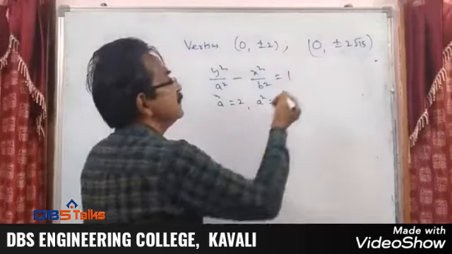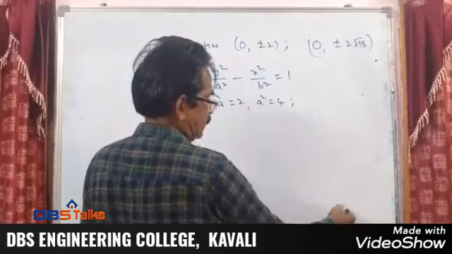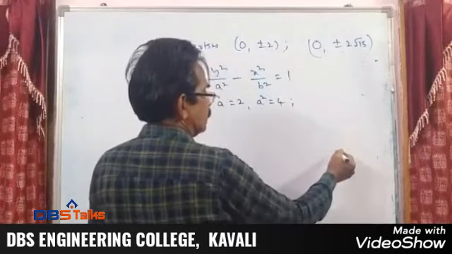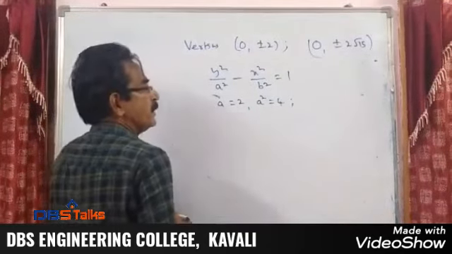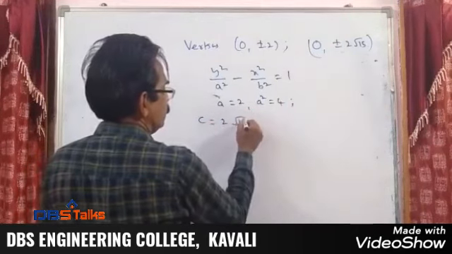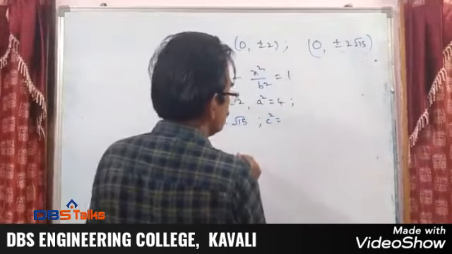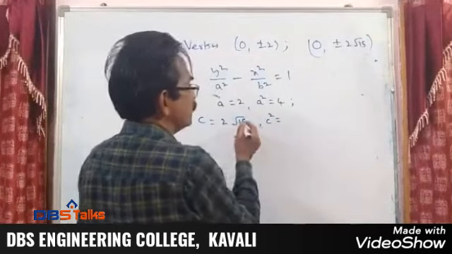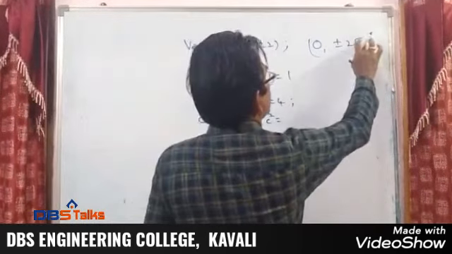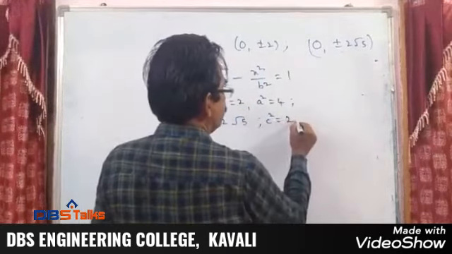And foci (0, ±c). This is the transverse axis: (0, a), (0, −a), (0, c), (0, −c). So c is equal to 2√5, as in the previous problem. c² is equal to 4 times 5, 20.